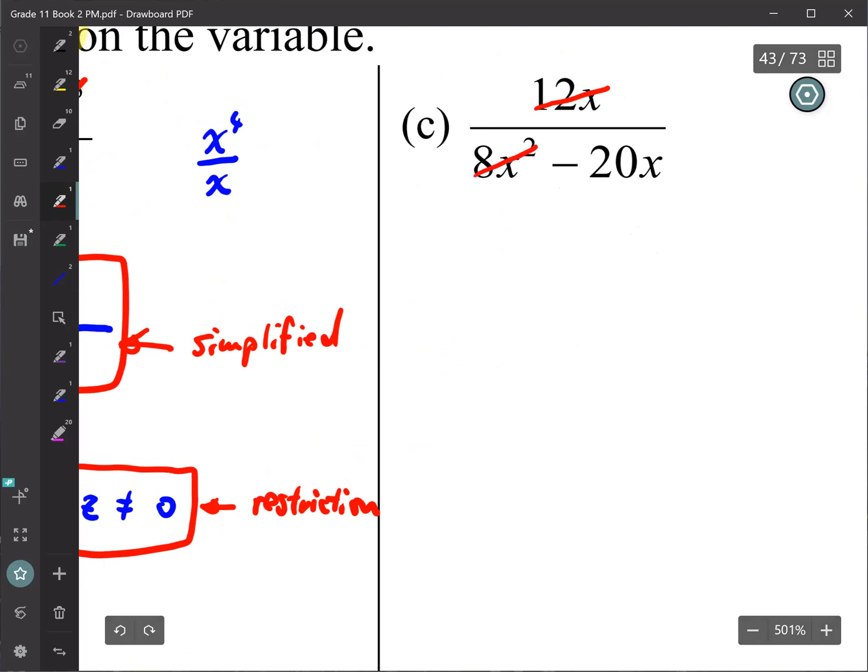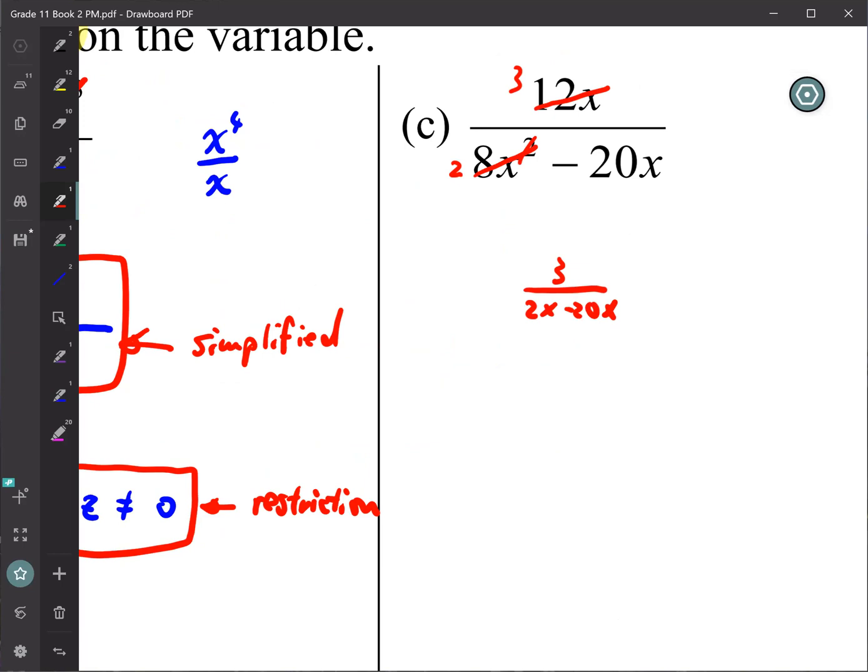Both divide by 4, so that makes it 3, that makes it 2. Cancel an x, so that's gone. Then you are left with 3, because x is gone, and then 2x minus 20x. This will be wrong, okay? You need to know why you cannot do that.